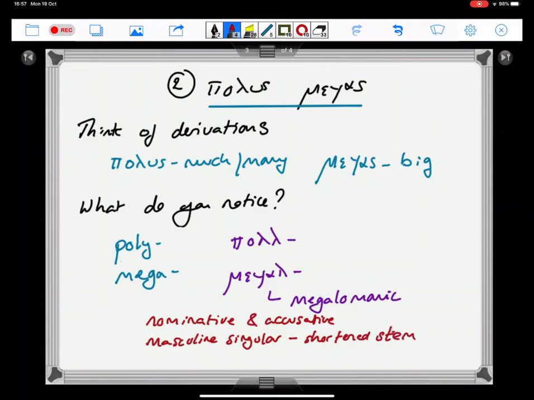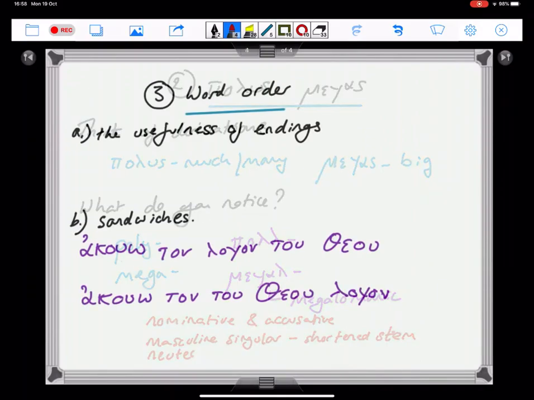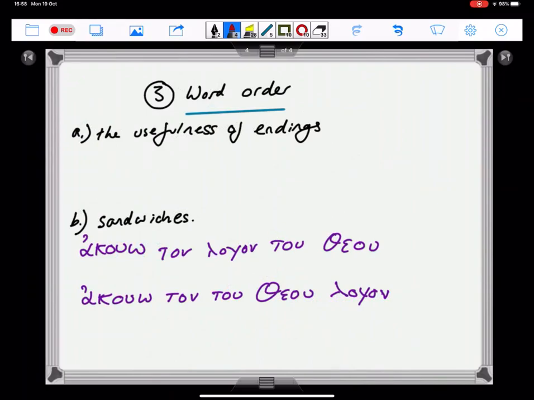If you're reading Greek into English, you'll probably find those nominative and accusative masculine and neuter singulars fairly straightforward. It might be the extended ones with the two L's or the al in it that you find harder. If you're doing English into Greek, then it's something you need to pay careful attention to because it's an easy mistake to make.